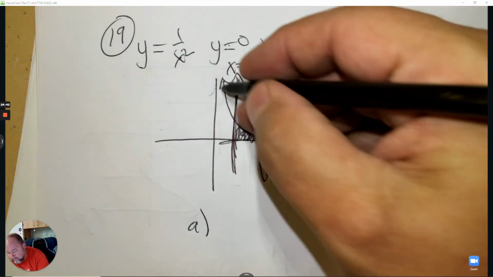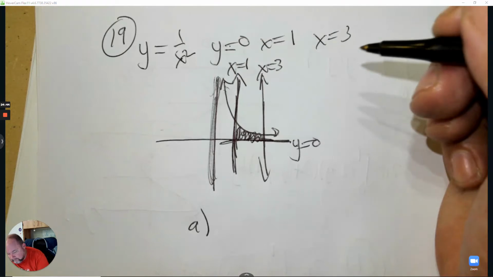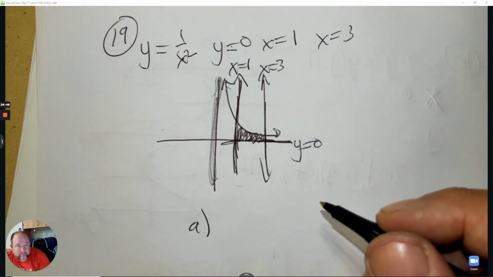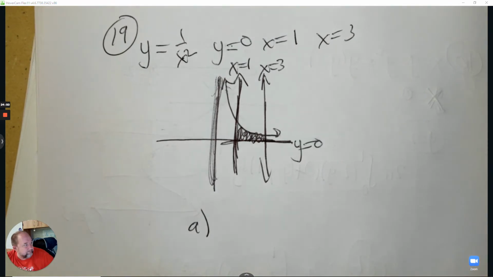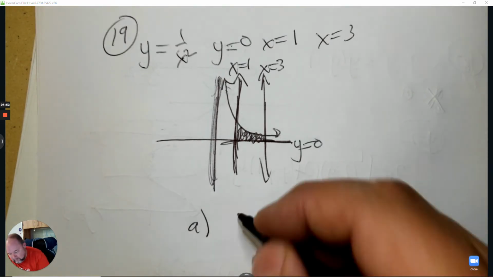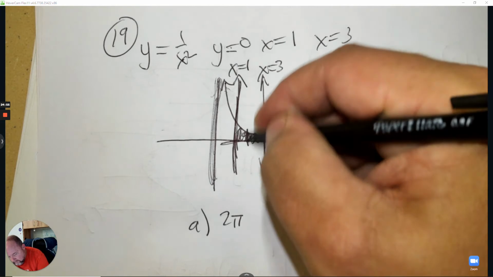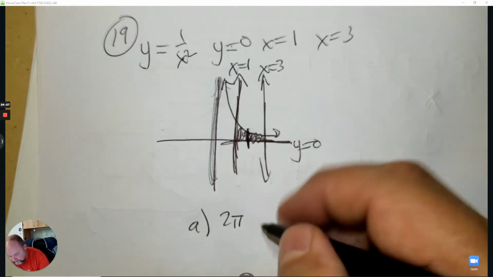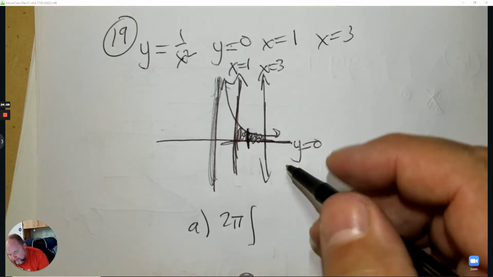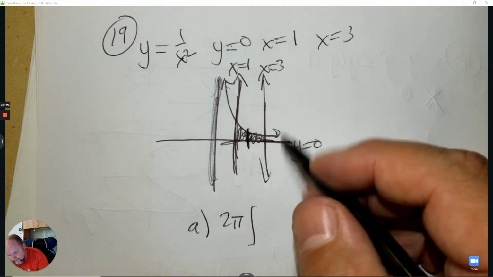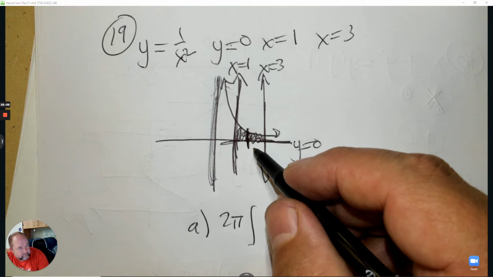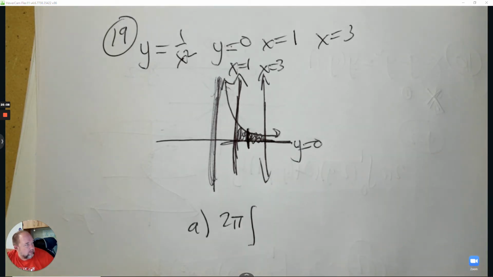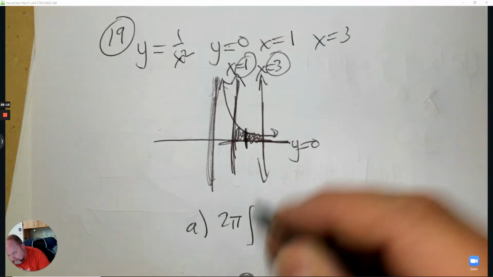If I revolve it around the y-axis, I'm going to use the shell method here. So this is my height going up and down. It goes, what does it go?